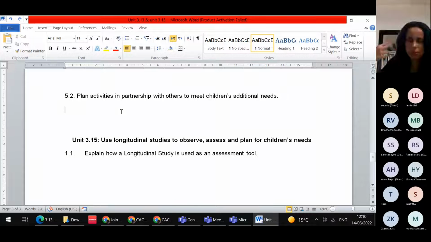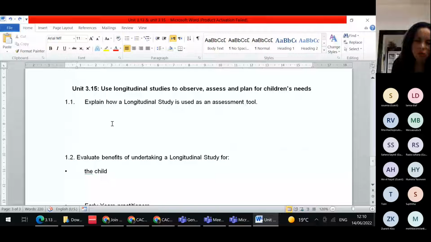So now, there are just 2 more questions for unit 3.15, that's why I merged them together, a short unit. So 3.15, it's all about the longitudinal studies to observe, assess and plan for the children's needs.